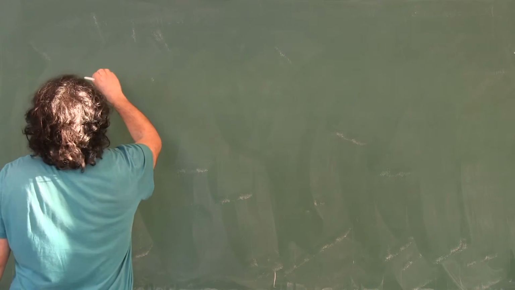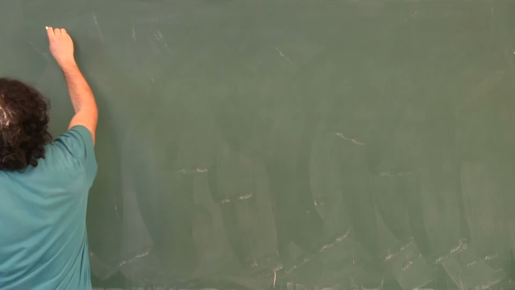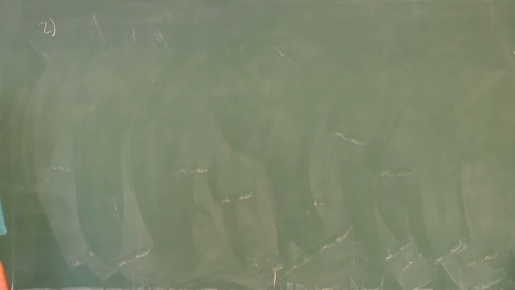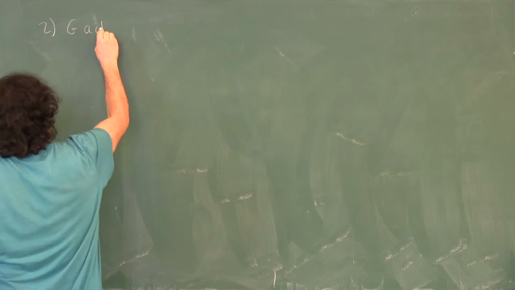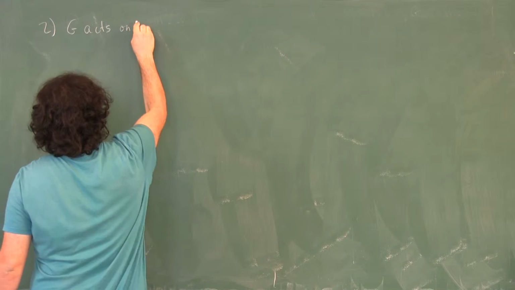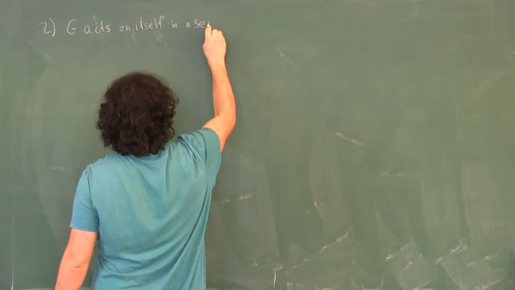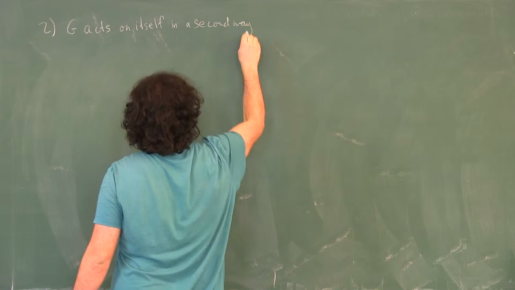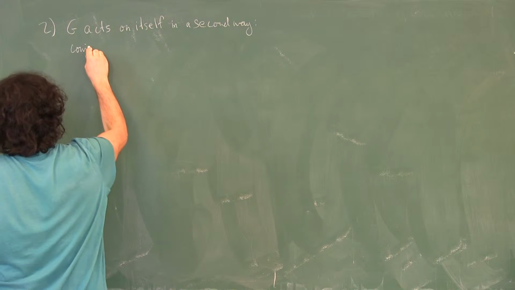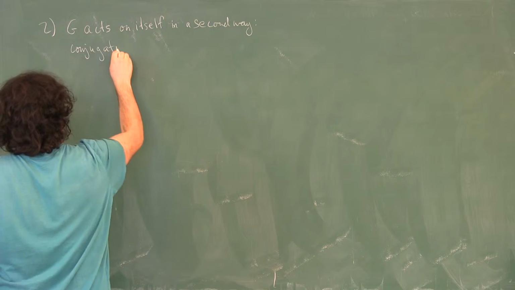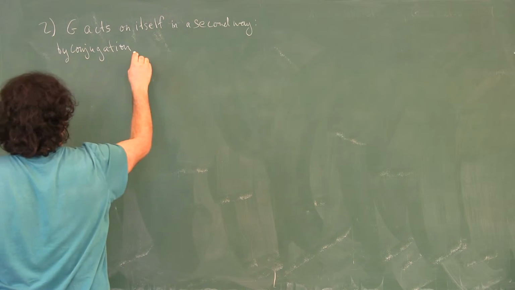What is the second fundamental example of group actions? This is that there is a second way that G acts on itself. Here we said G acts on itself by left multiplication. G acts on itself in a second way, by conjugation.